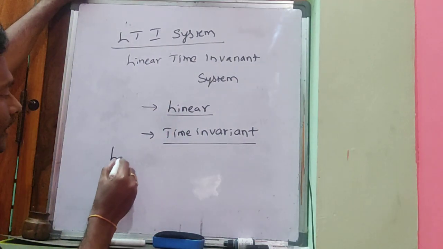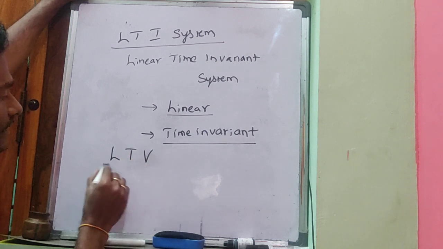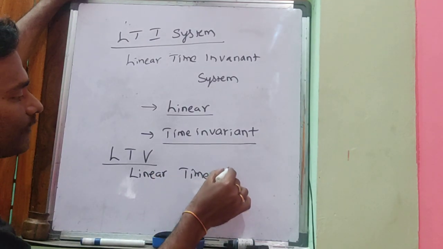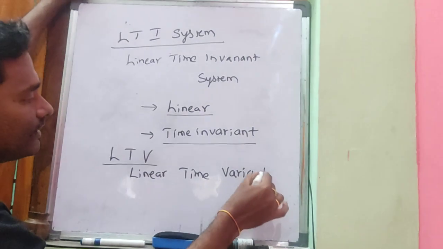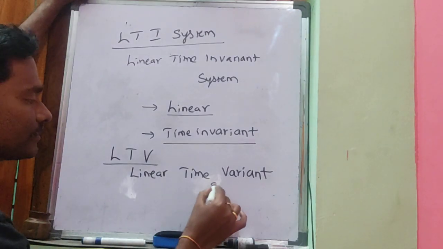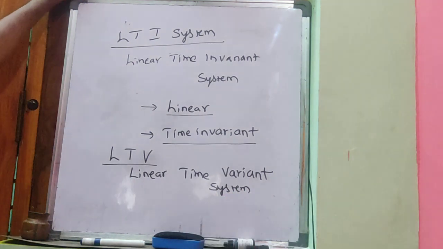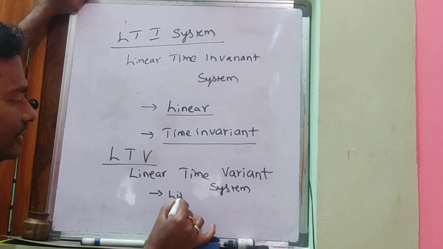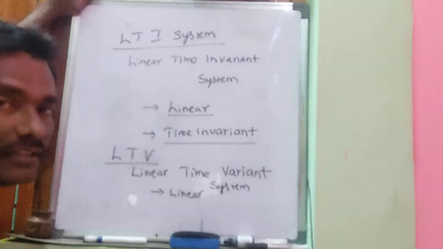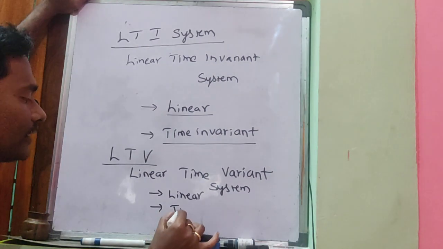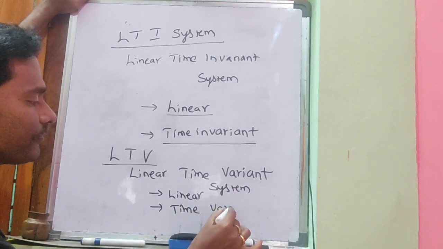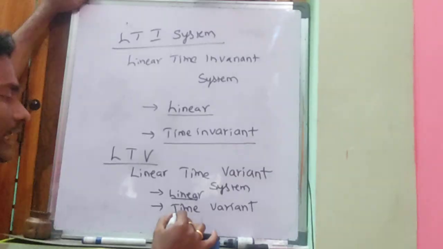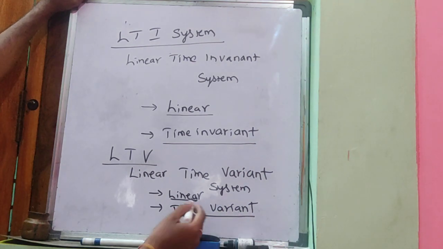On the other hand, you will have LTV systems, that means linear time variant systems. They satisfy the property of linearity, but they are not time invariant; they are time variant.